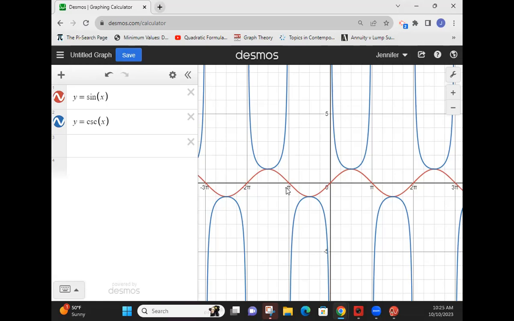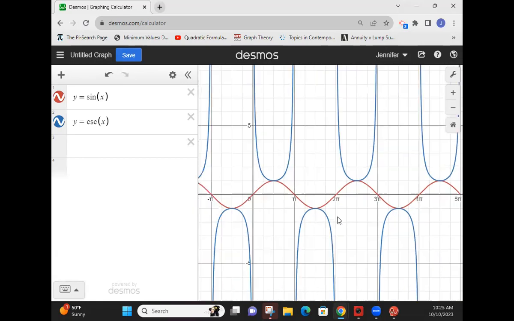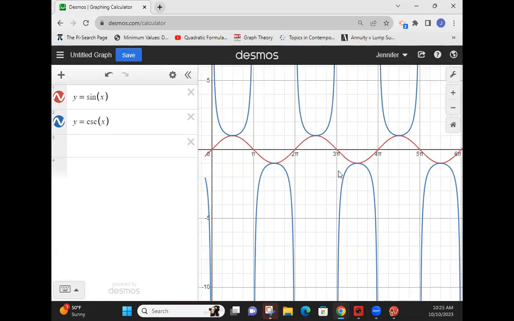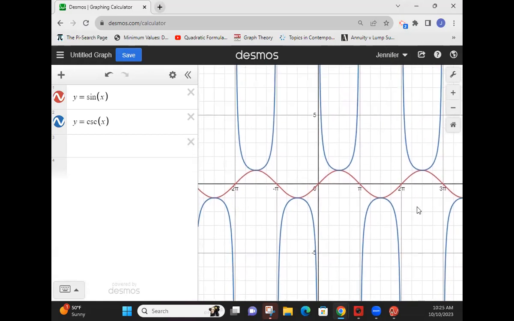So we can see my asymptote right at pi, or negative pi, negative 2 pi, at 2 pi, and I could keep going to all my multiples of pi. So you guys can still use your graphing calculators, your TI Inspires, when you go to take the SAT, those of you who are juniors. But Desmos is embedded and it lets you change the scale a little bit easier than your calculator does.